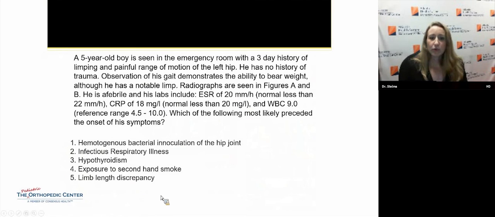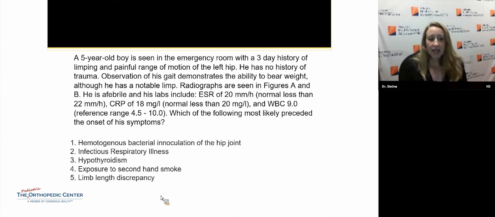All right, a 5-year-old boy is seen in the emergency room with a 3-day history of limping and painful range of motion of the left hip. He has no history of trauma. Observation of his gait demonstrates the ability to bear weight, although he has a notable limp.